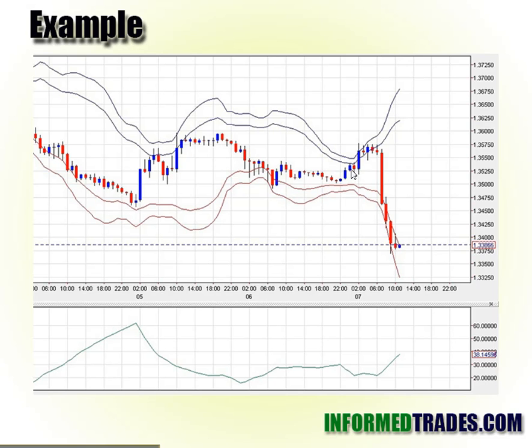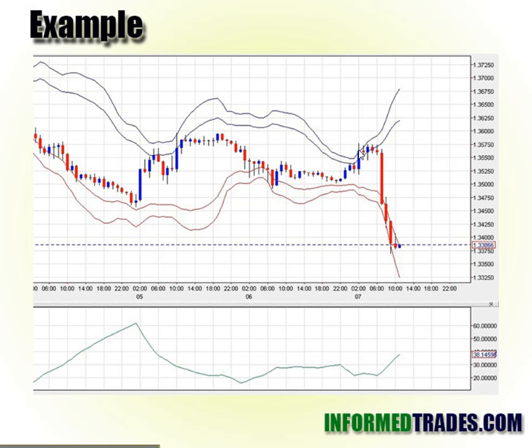So basically, you want to look for when the market closes at or above the higher standard deviation. Here in this instance, this candle right here, we break through the lower standard deviation, go to the higher one, and we close there. Here we didn't quite; we just touched the lower one.